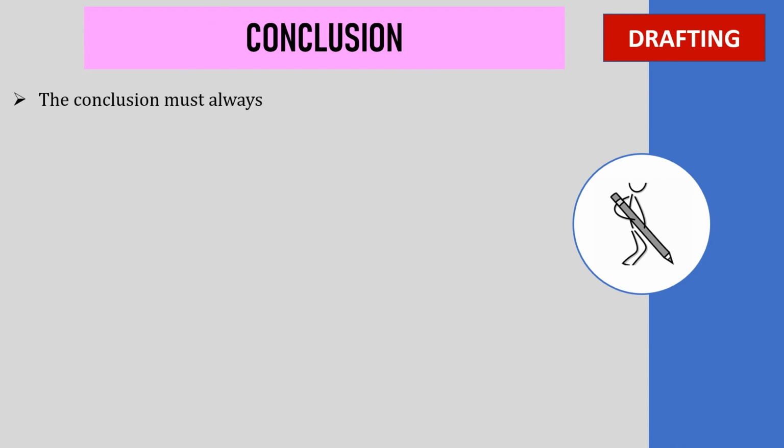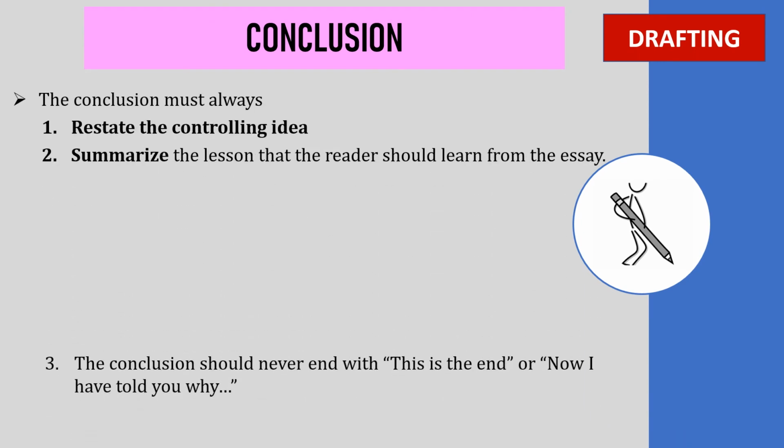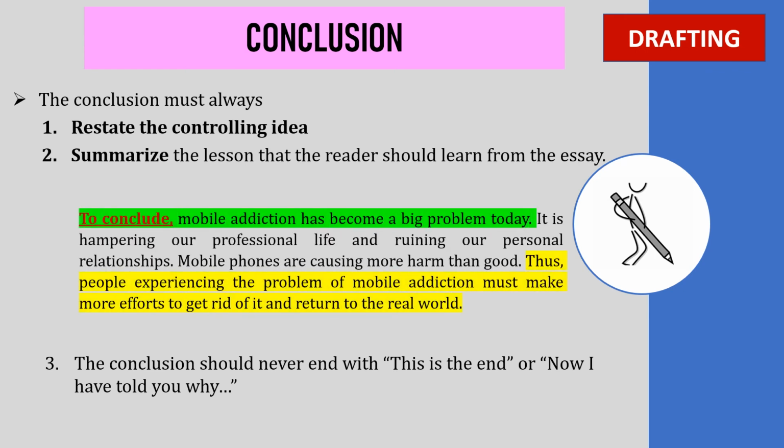In the conclusion, we must restate the controlling idea and summarize the lesson that the reader should learn from the essay. Let's consider this example. As you see, look at the controlling idea or the thesis statement.